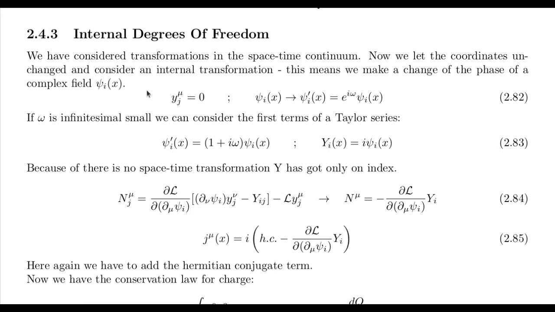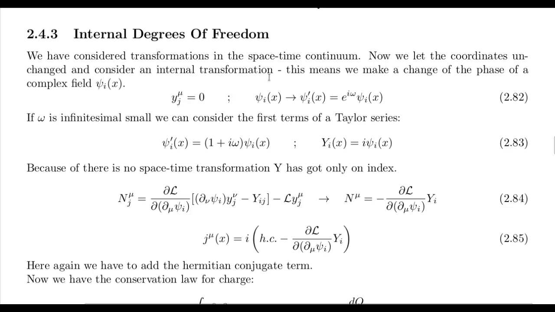And now an example for internal degrees of freedom. We had in the other examples the transformation in space-time coordinates. Now, we make only a transformation in the fields. That means we change the phase of a complex field psi. So this time, we have no coordinate transformation, so the small y is 0.